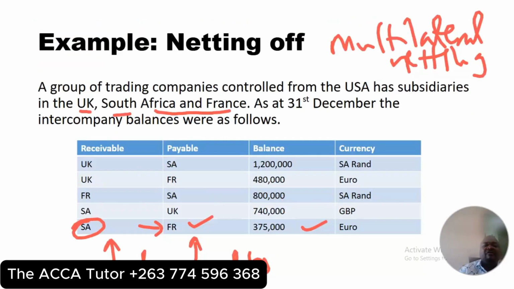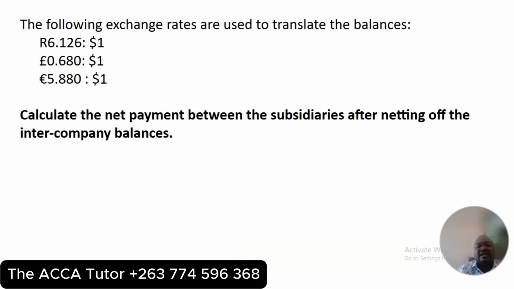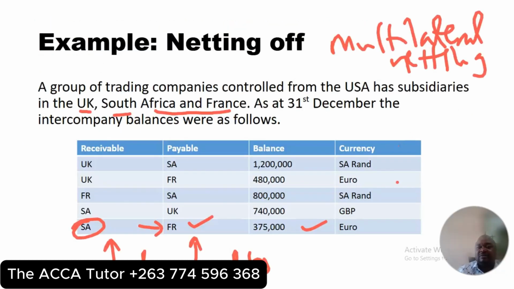But before we get the sense of all this, we need to understand that by the end of the day, we need to convert all these amounts. As you can see in the currency column, there are a lot of different currencies, but we have been told that the controlling company, the parent company, is in the US.